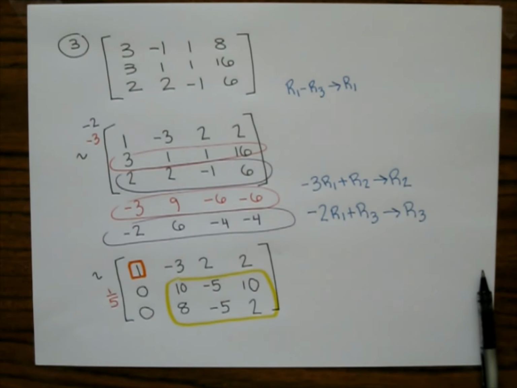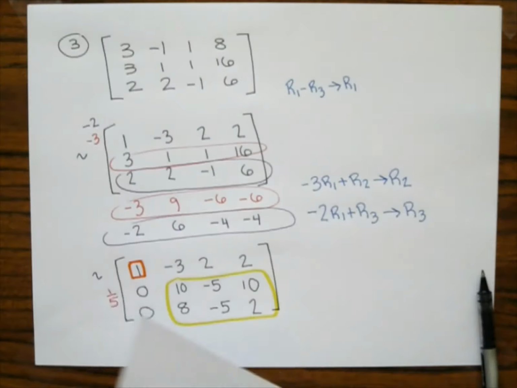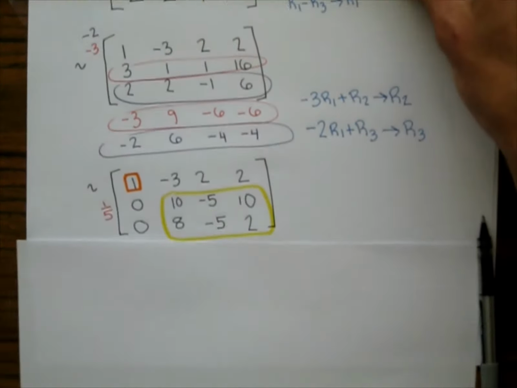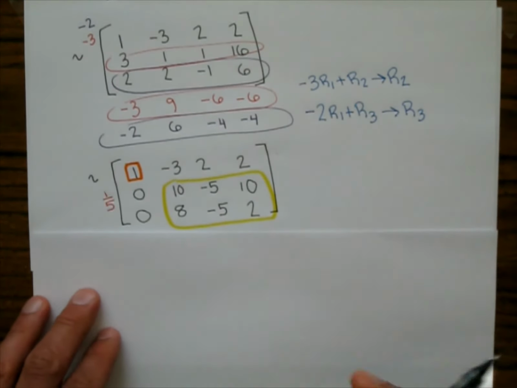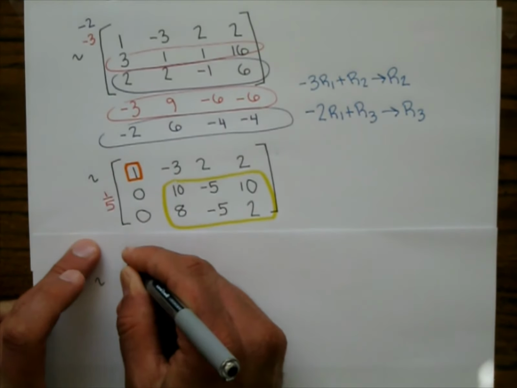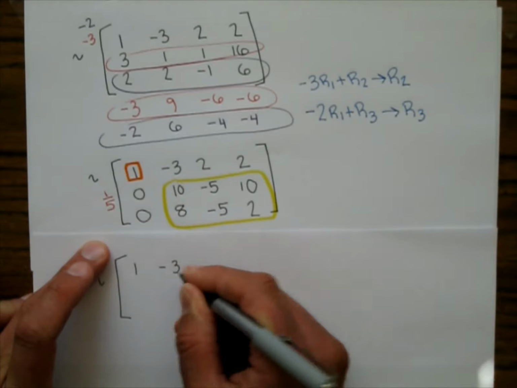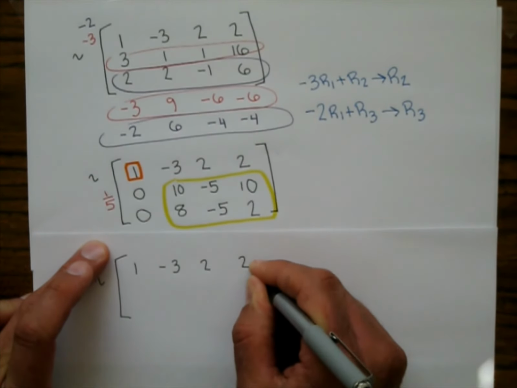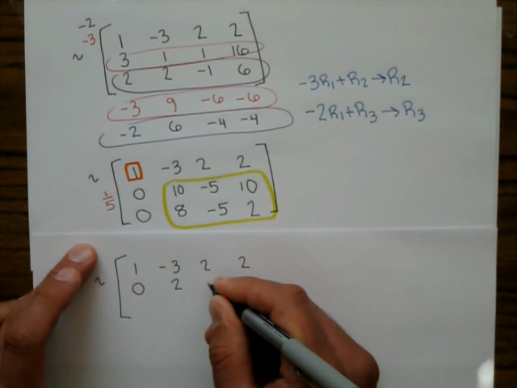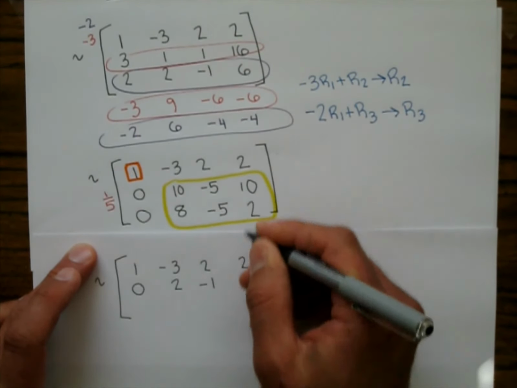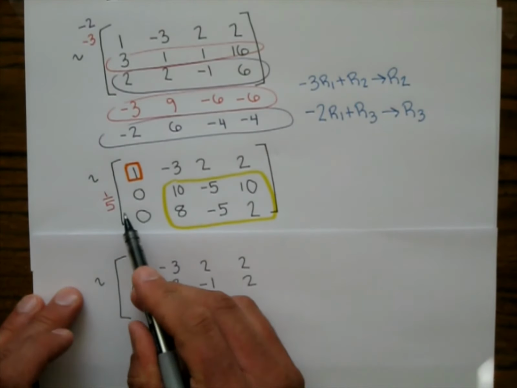And so, got to get another piece of paper here. I'm going to keep the top row the way it is. 1, -3, 2, 2. Then I have 0, 2, -1, 2. So I just multiplied row 2 by 1/5.